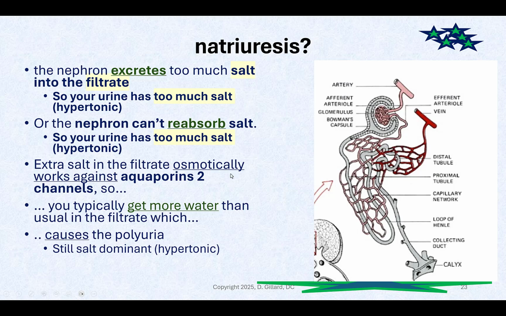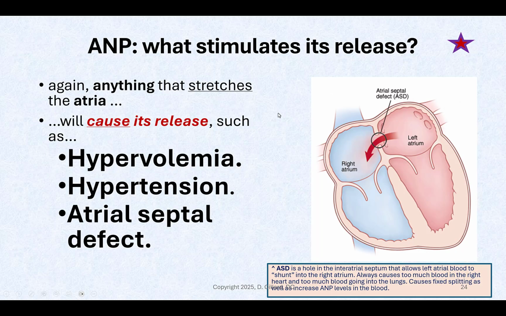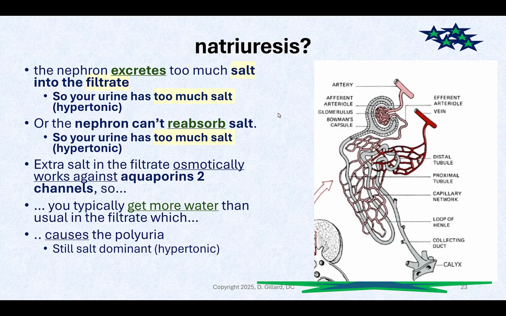There's not a lot of channels that will take sodium out of the filtrate this far down in the distal convoluted tubules. So you might as well consider it like an albumin force. It literally tries to suck water, not out of the filtrate like it's supposed to, but it holds water in. And then you get too much water on top of the natriuresis. See how that works?